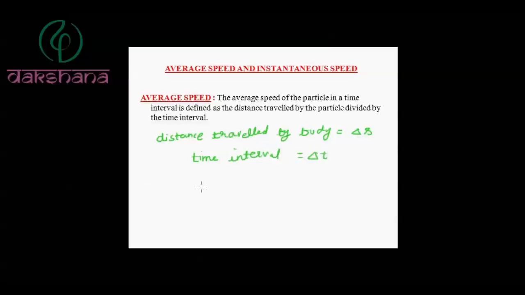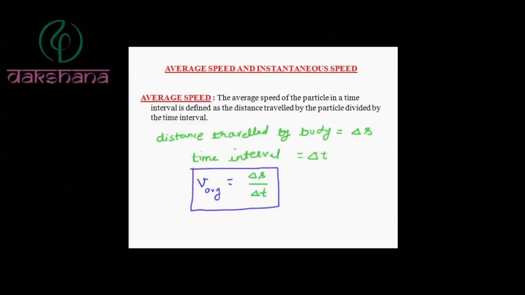Then average speed, say v, will be defined as the ratio of the length of path covered divided by the time taken. So this is the way we define average speed, the ratio of distance divided by the time interval.